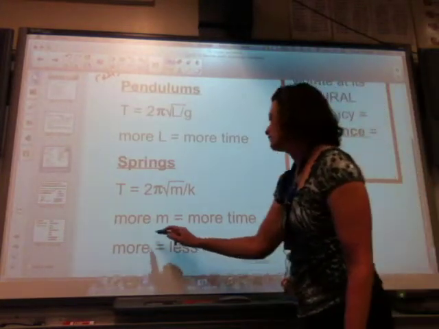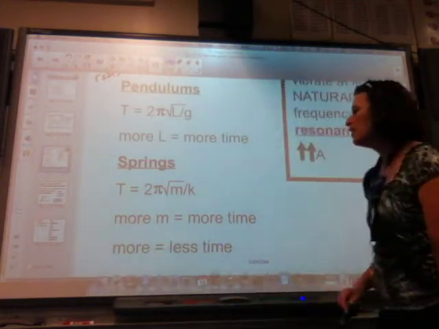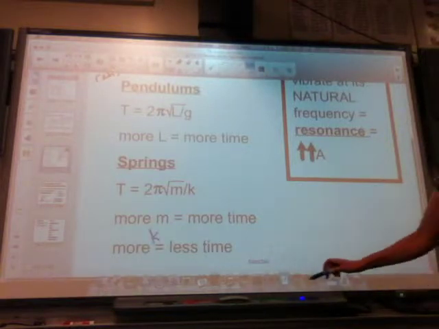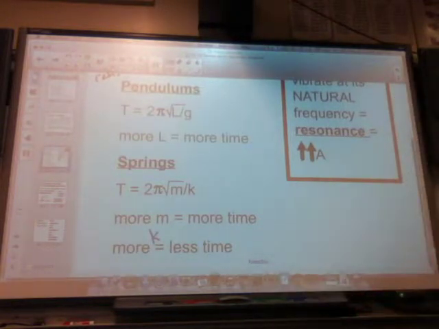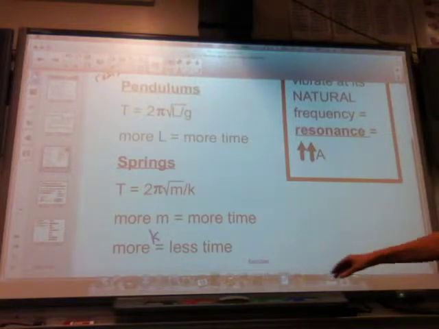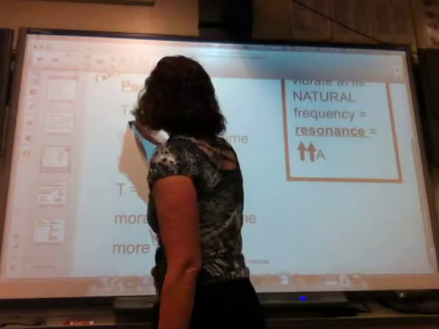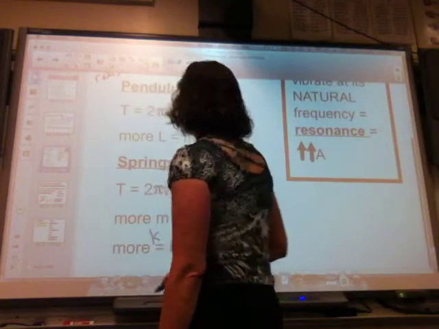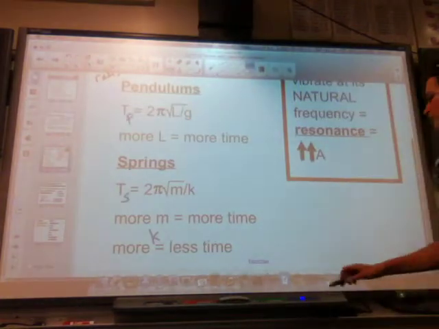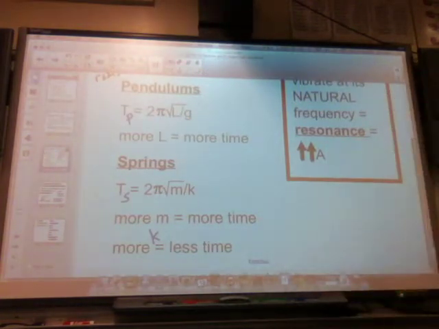More k, less time, because it's going to be springier, so it takes less time to go back and forth. Both those equations are on your equation sheet. One's labeled TP and one's labeled TS: one's the period of a pendulum and one's the period of a spring.